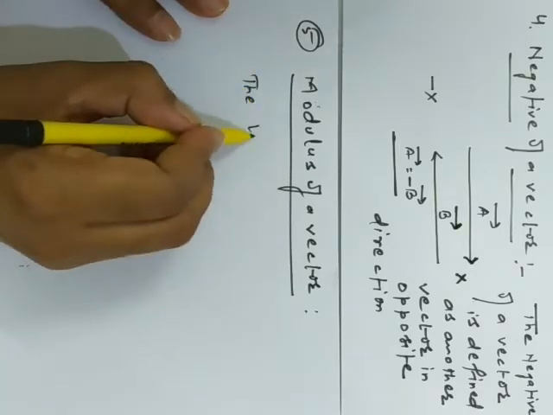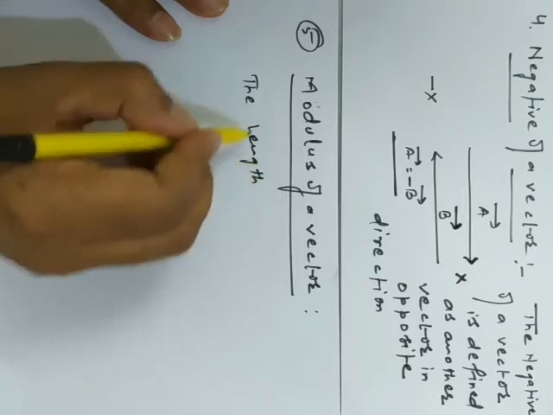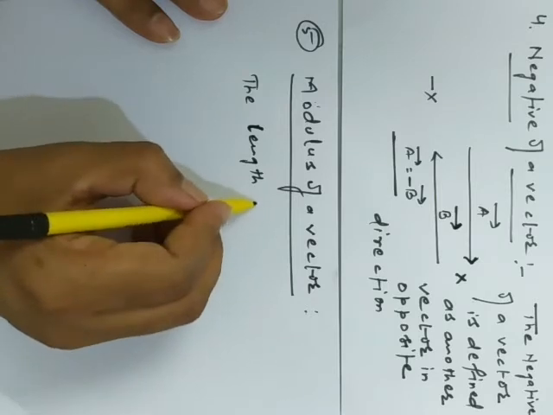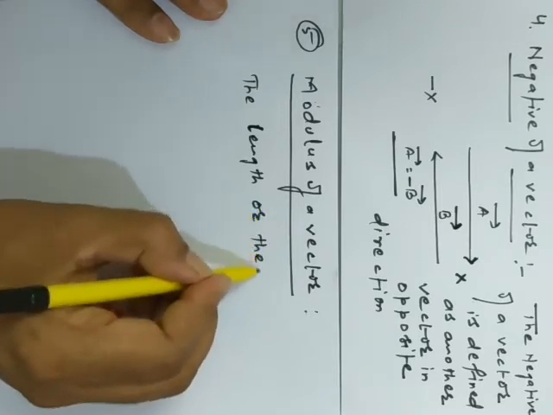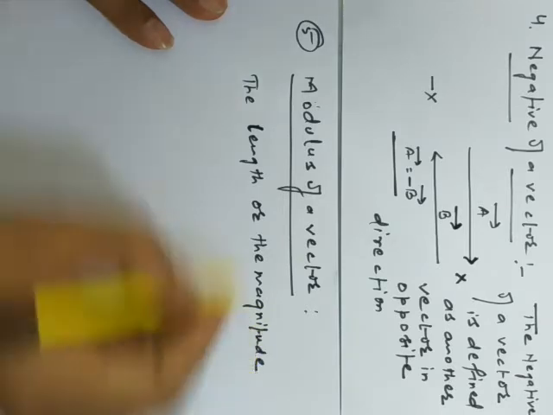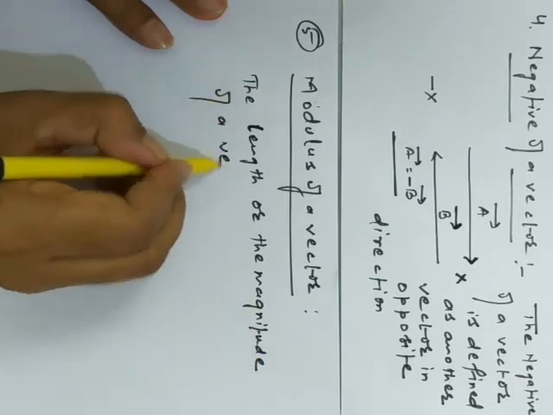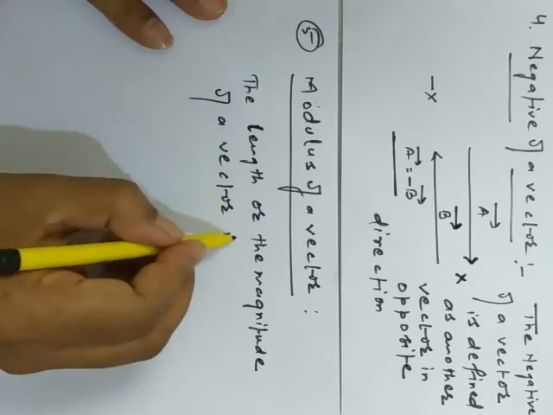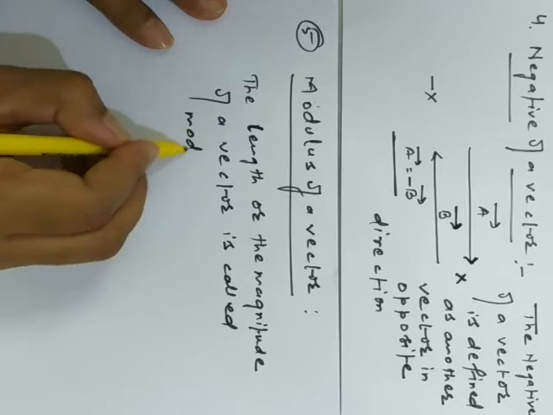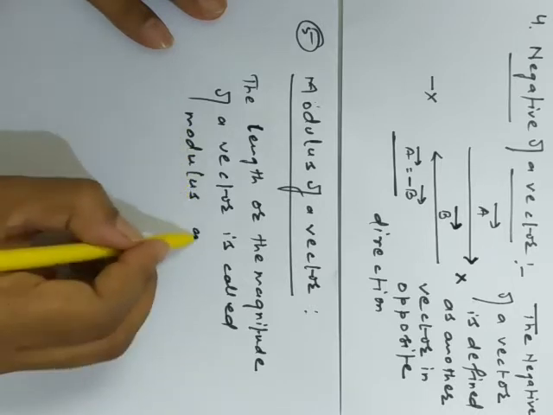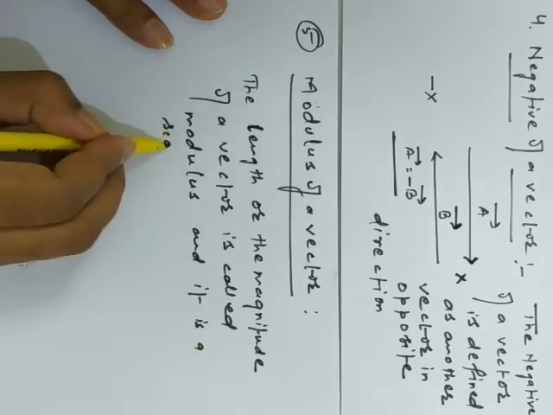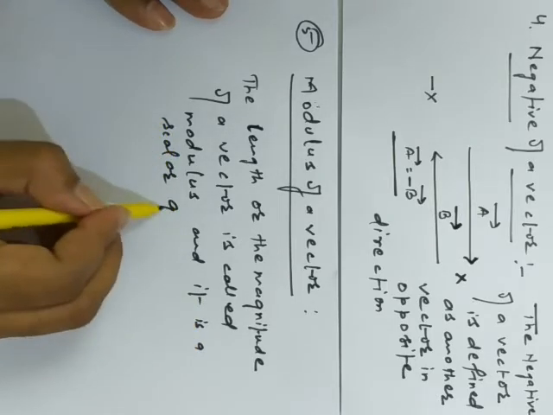The length, because generally the tail represents the length or the magnitude of a vector, is called the modulus, and it is a scalar quantity.